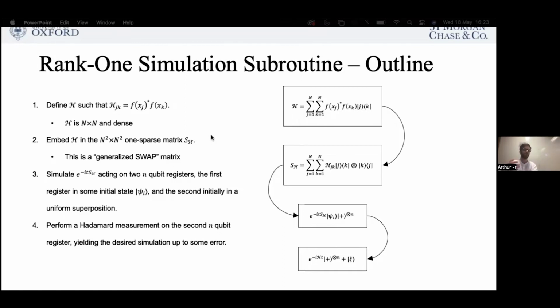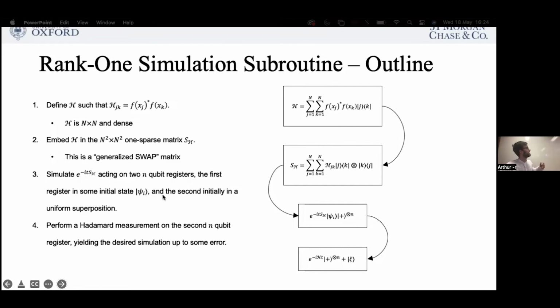This is actually a generalized swap matrix. If all the elements of H were equal to 1, then this would just be a swap matrix. So we simulate the evolution according to this generalized swap matrix on 2 n-qubit registers. The first register is in some initial state, psi I, that we want to perform simulation with as the initial state.